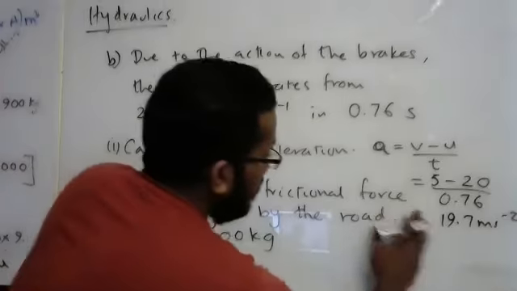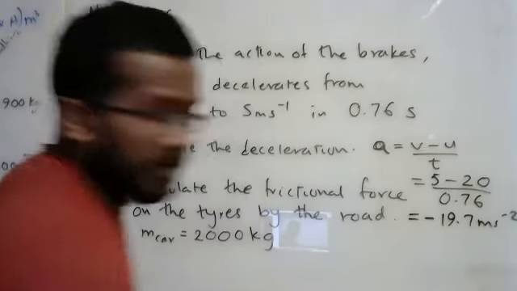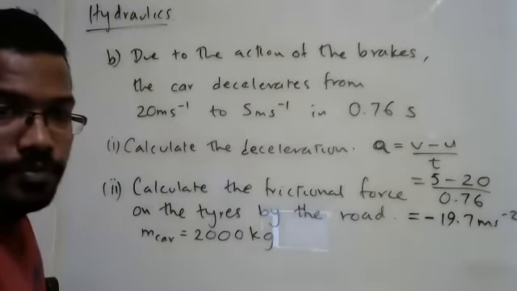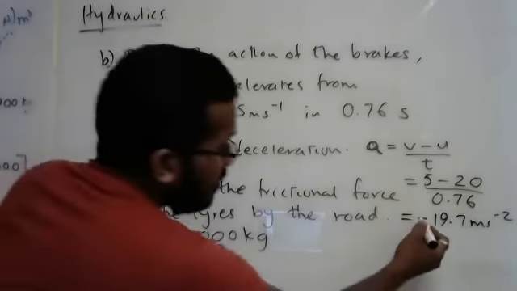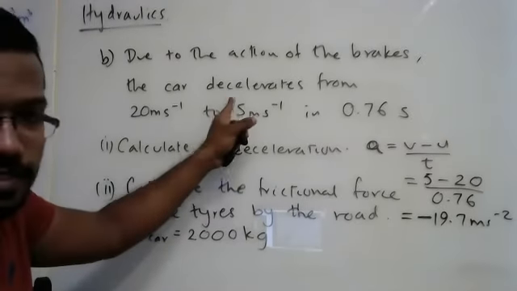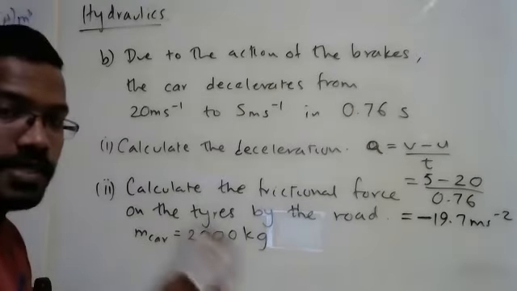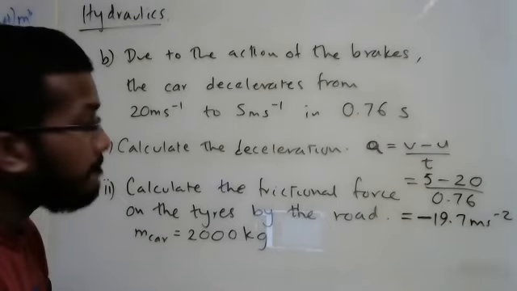Is it okay, sir? Here's the thing. For acceleration, you will get a minus answer. But here they've asked you to calculate the deceleration, and deceleration is the negative of acceleration, so they are expecting a positive value there.